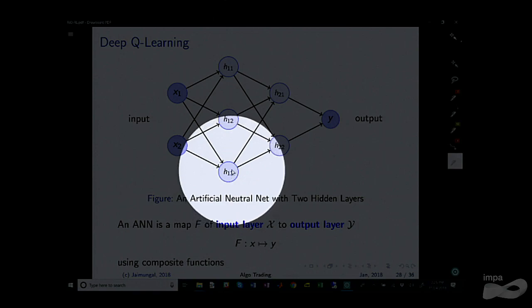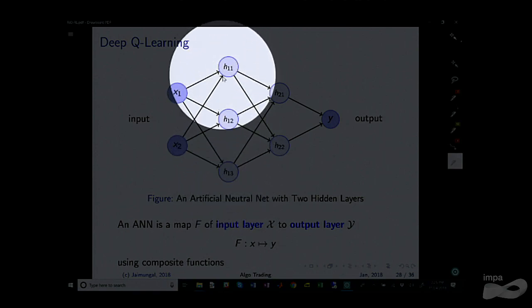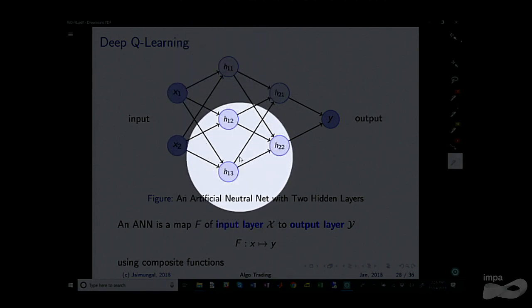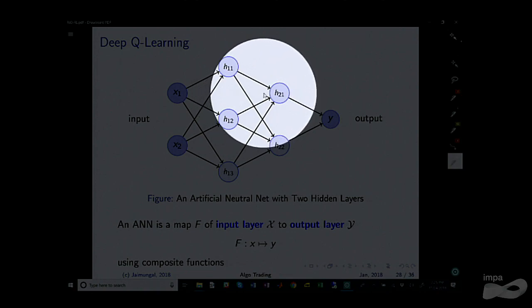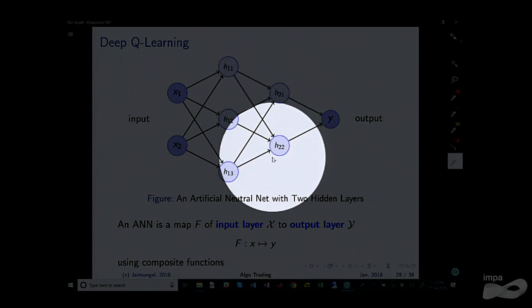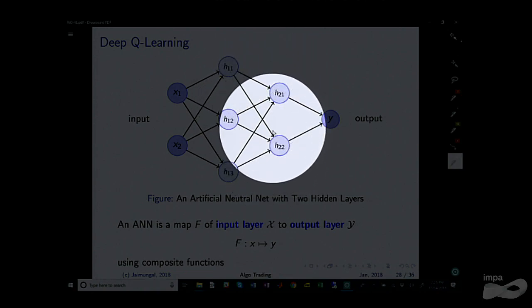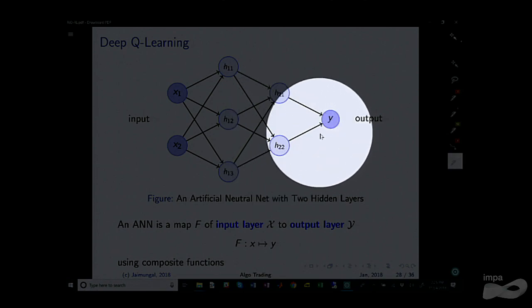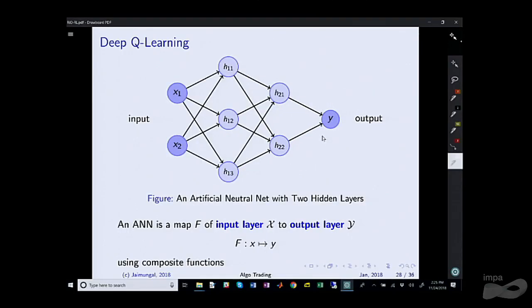I'm going to tell you on the next slide. And then the values of these nodes, which are called hidden because they're not the observable ones, not the input nor the output, feed forward into h21 and h22. And the values of those nodes feed forward to give me the output. Okay. That's generically what it is.